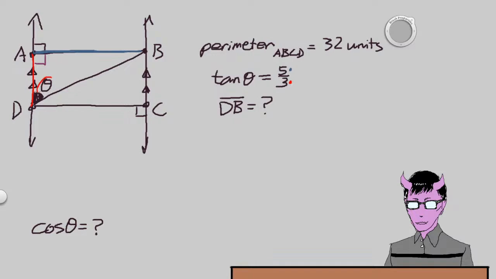So relative to this theta, this bluish color is going to be opposite, and this red one is going to be adjacent. It doesn't mean, again, that this is 3 and that's 5. No, that's just the reduced ratio. So we can call this one 5x and this will be 3x.